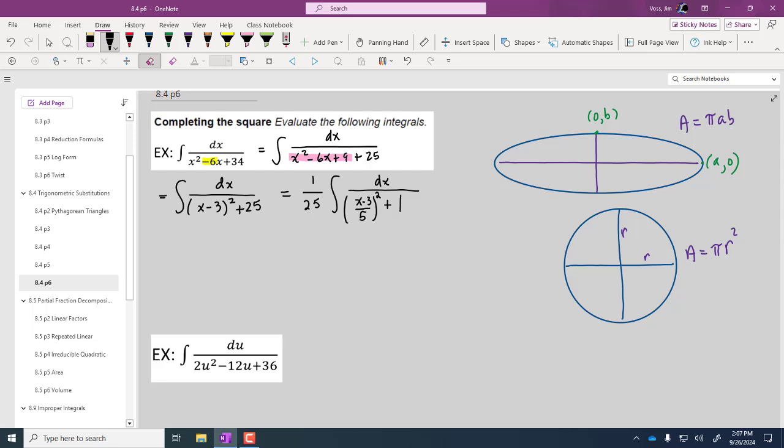We have to reverse chain rule it, because that's not just an x, that's a function of x. What's the derivative of this function of x right here? 1/5 is the derivative. So when we do RCR, we'll have to divide by 1/5, which will turn into multiplication by 5.